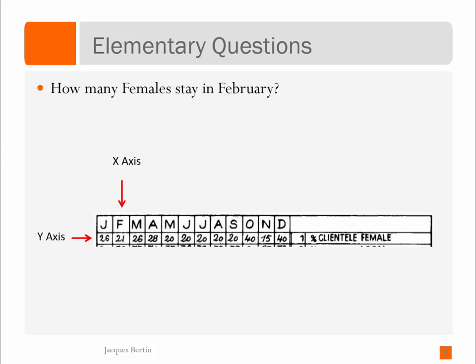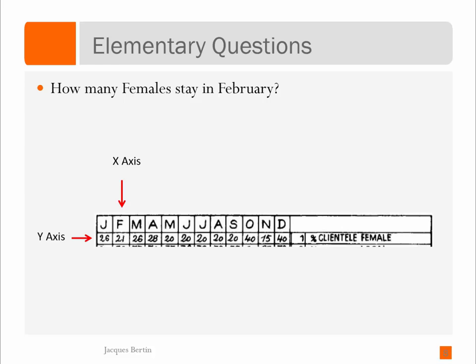So taking a closer look at the elementary question, we have an example here where a question we might ask is, how many females stay at the hotel in February? Or the question asked a different way, how many females book a room in the hotel in February? Okay, so we will take the cross-section.